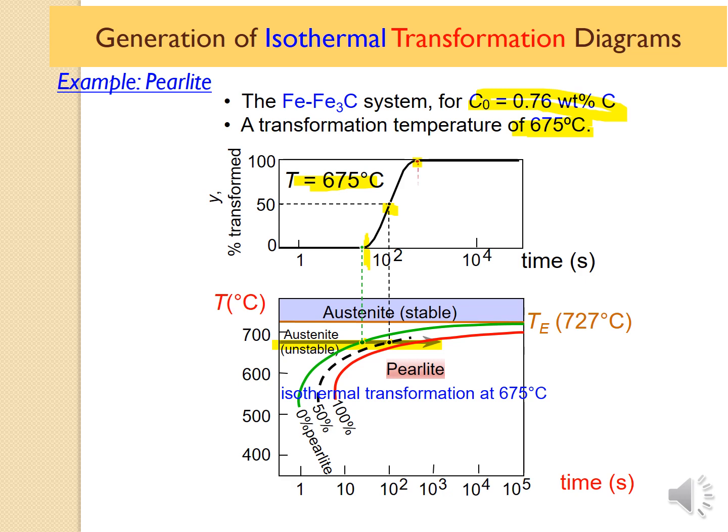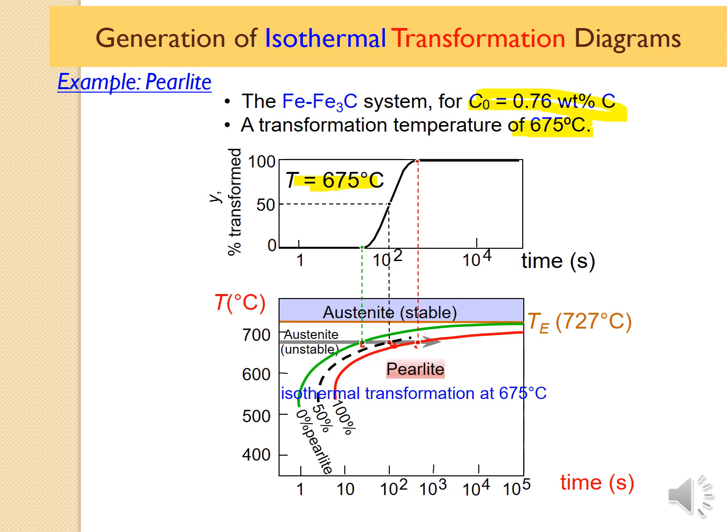The last point is when 100% transformation is finished. So now at this temperature, that's the line, and we have three points obtained from this experiment: the starting point, the 50% point, and the end point.